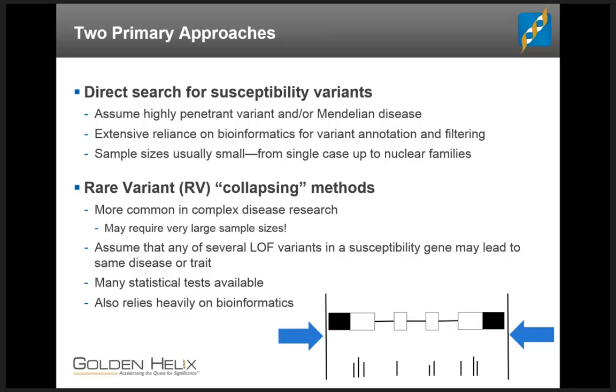But really, the most common approach, and we've already talked about it a little bit, is this idea of rare variant collapsing. It's, of course, more common in complex diseases and may require very large sample sizes to get statistical power. I talked to someone involved with a project where they have about 6,000 samples.